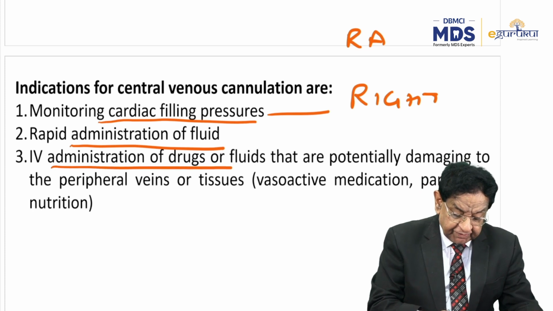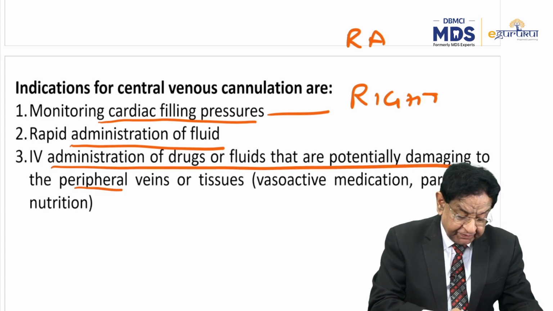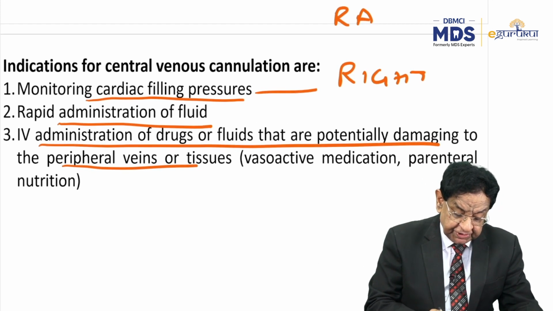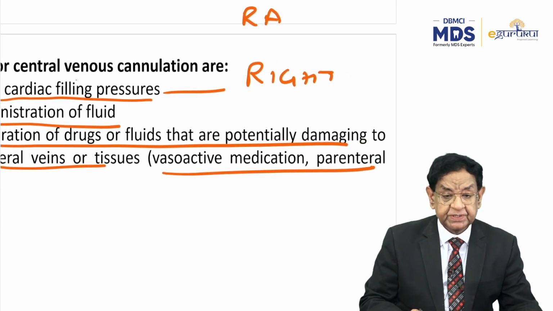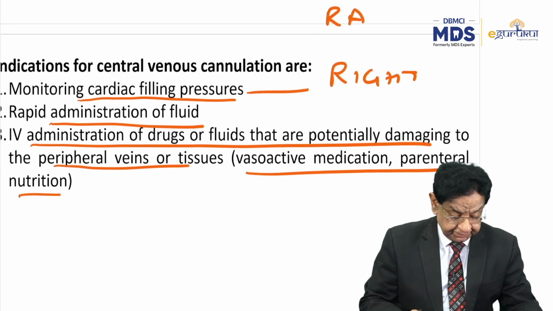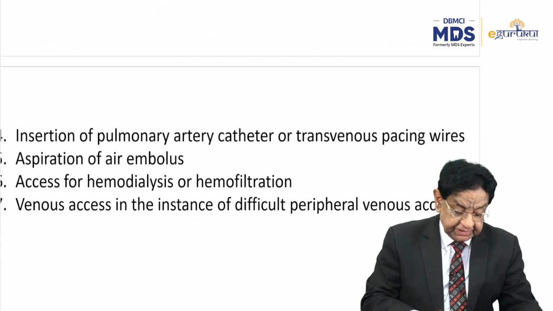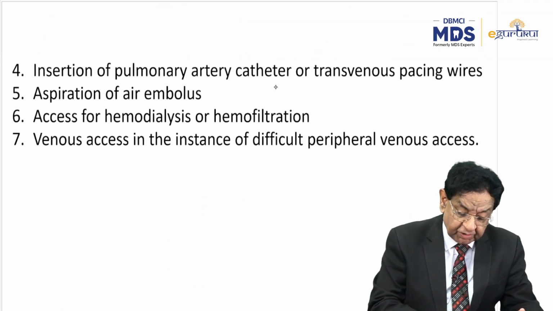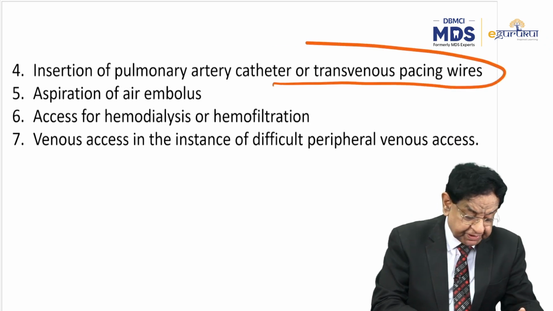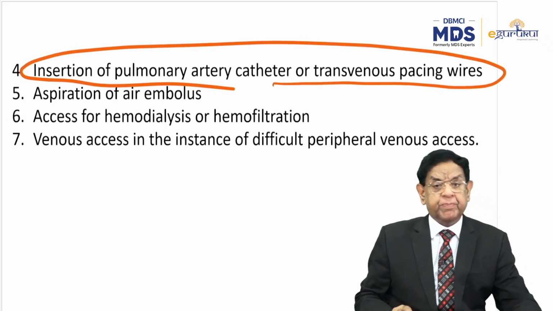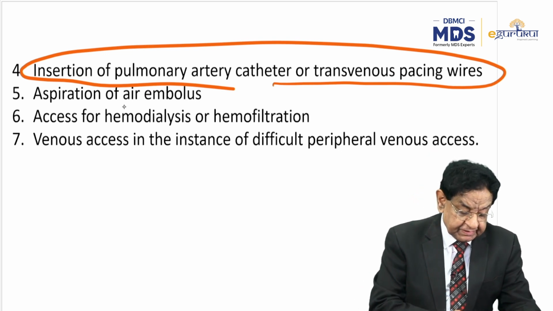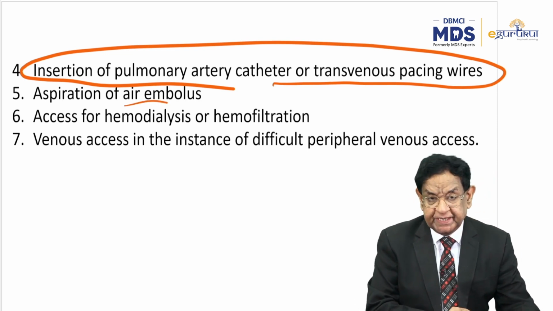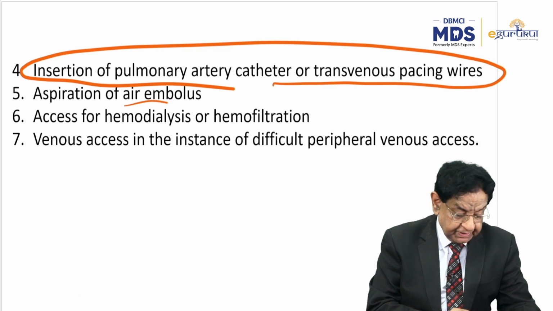IV administration of drugs and fluids that are potentially damaging to peripheral veins or tissues, vasoactive medication, parenteral nutrition. We can use this. Insertion of pulmonary artery catheter or transvenous pacing. This is the most important indication. Sometimes we can use it to aspirate air embolism also.